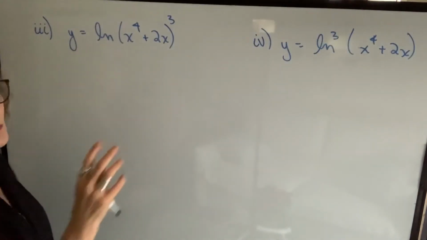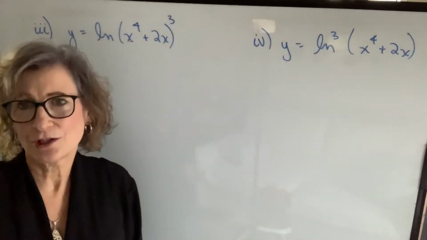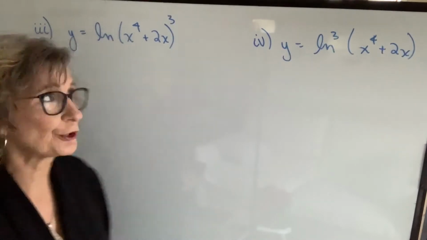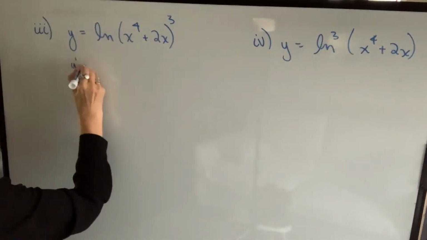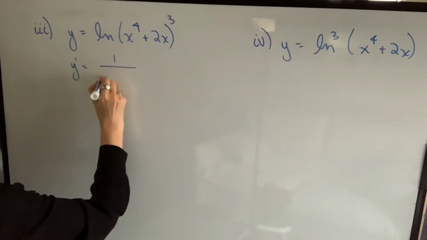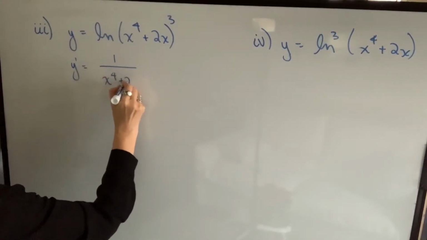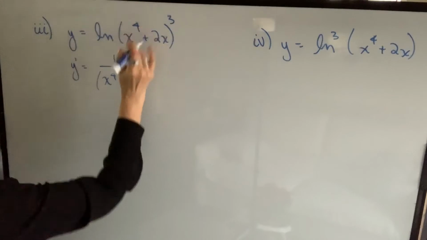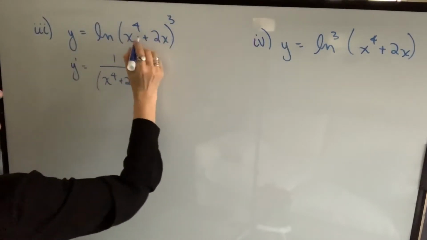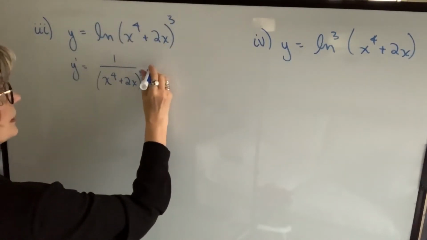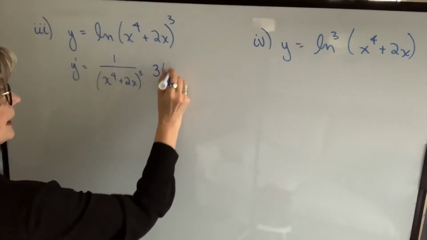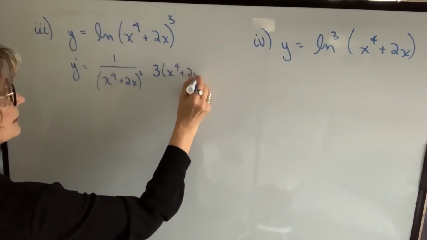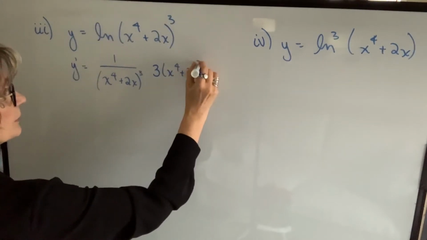In this next example, I'm going to show it using the property and not using the property, and you can decide what you prefer. So if we just differentiated this as is, the derivative would be 1 over x to the 4th plus 2x to the power of 3, so 1 over this u, and then we multiply by the du factor. So the du factor, I have to use my power rule, would be 3 times x to the 4th plus 2x to the power of n minus 1, which is 2.